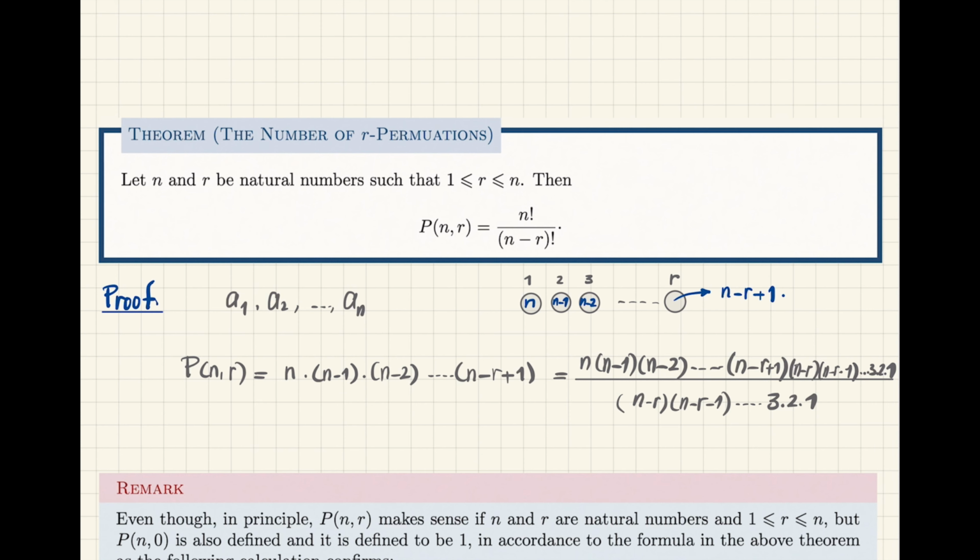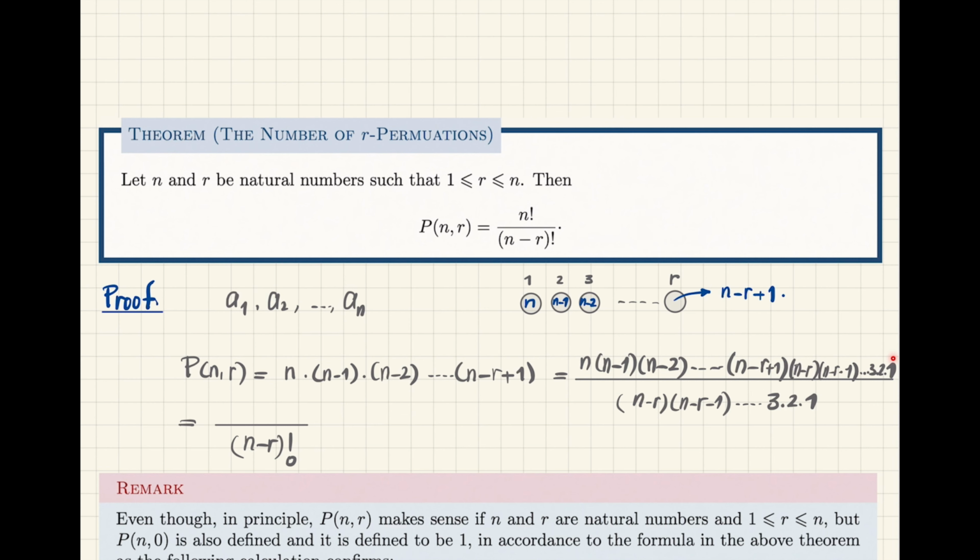If I ask you what the denominator is, it is the product of consecutive integers starting from 1 up to this point n minus r. So hopefully you agree with me that the denominator is nothing except n minus r factorial. And now look what is happening in the numerator.